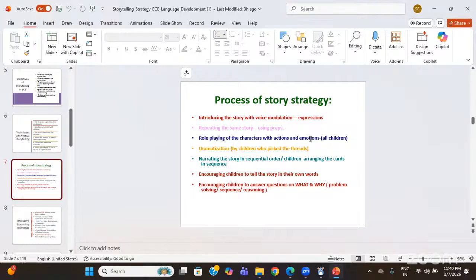Next technique is dramatization. So, dramatization and role playing. For role playing, you have to make the children stand in rows from small to big with hand distance, and you should stand in front of them, and you, along with the children, should do the role play. For dramatization, you will pick up the elder children and give them the characters.